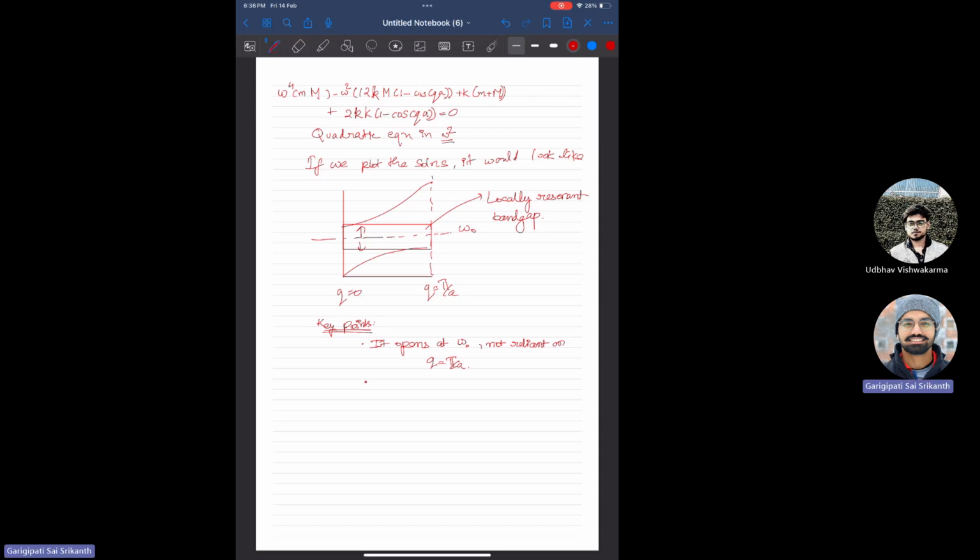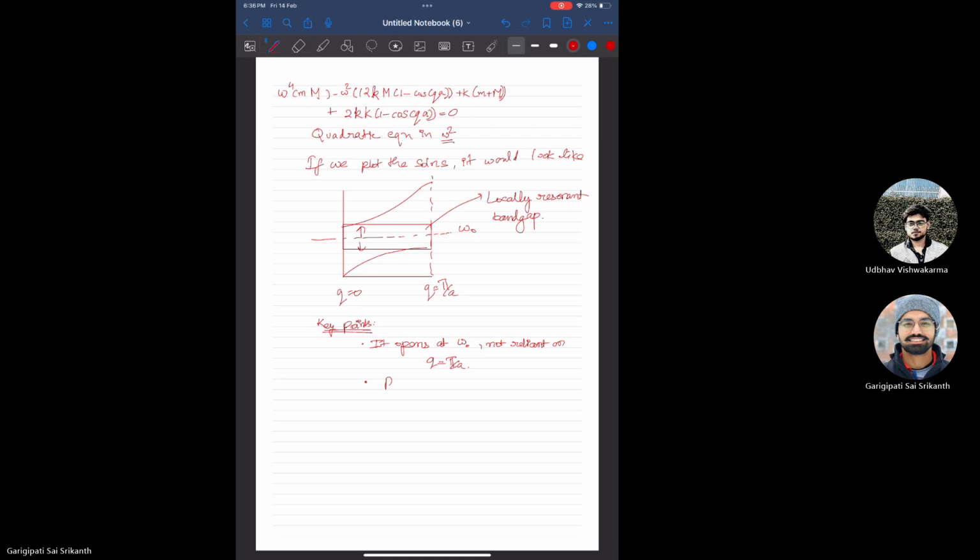As you can see, the band gap that is opened will be opened at omega naught, at that frequency, irrespective of what the other mass and the other stiffnesses are, and the lattice constant A. One thing is for sure that there will be a band gap at omega naught. How broad it will be will depend on all the other factors.